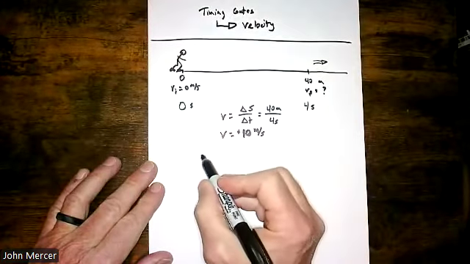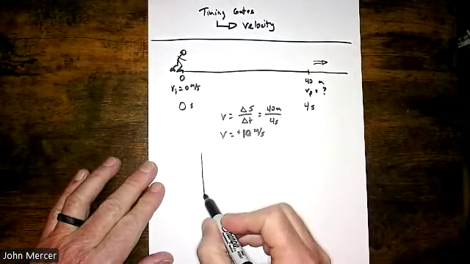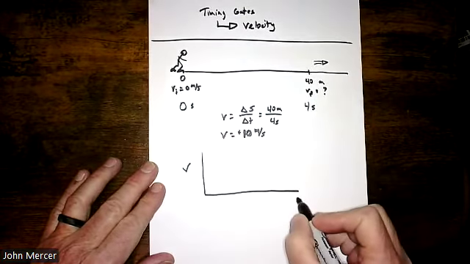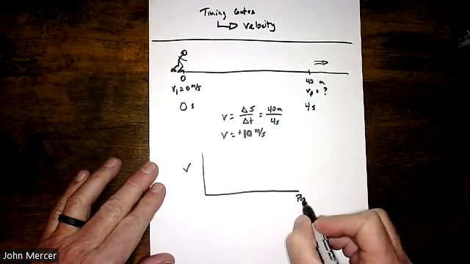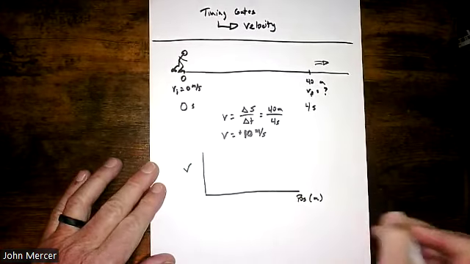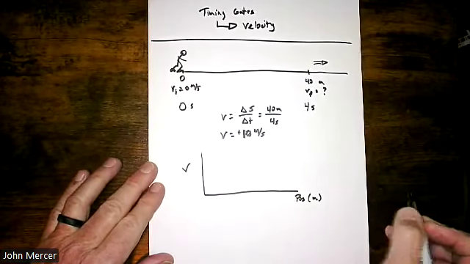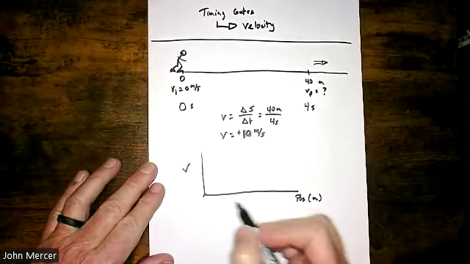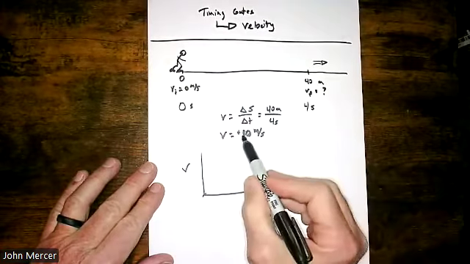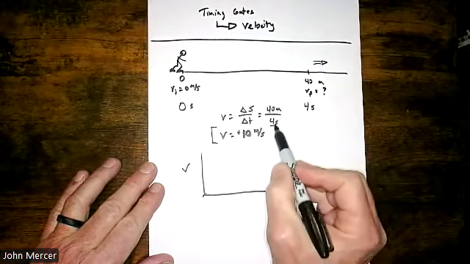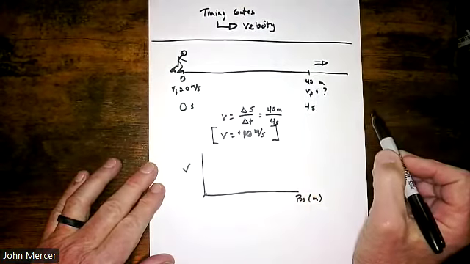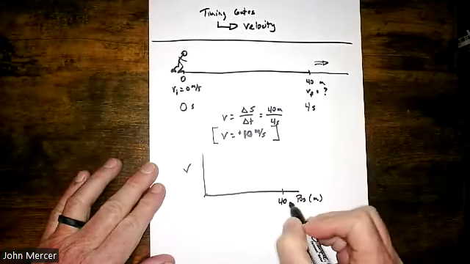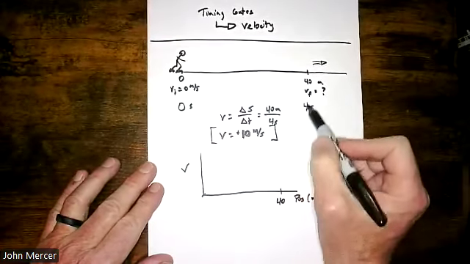Let's draw out just a simple velocity plot here, and I'm going to put position on the x-axis. A little different than what we usually do, where we put time down here, but this is okay. And we know that the person completed the 40 meters in 4 seconds.